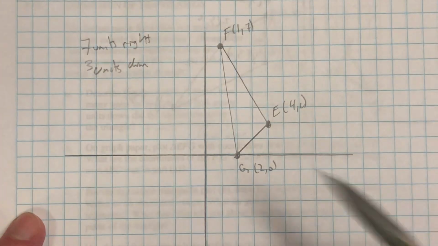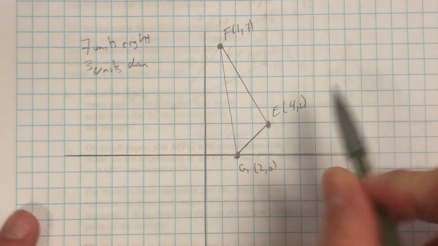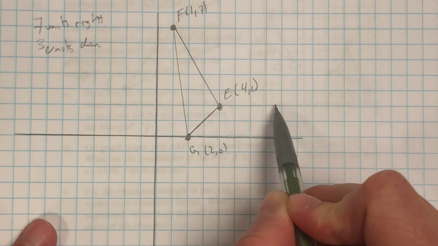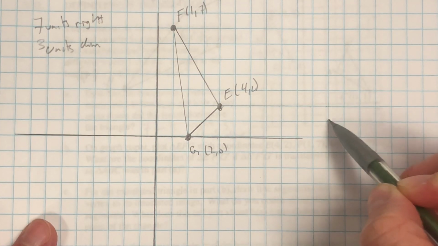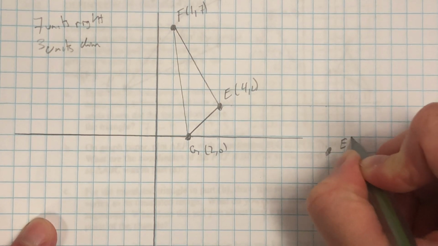What you're going to do is start at a point. Let's start at our E point. I'm going to go 7 units to the right, 1, 2, 3, 4, 5, 6, 7, and 3 units down, 1, 2, 3, and draw E prime.